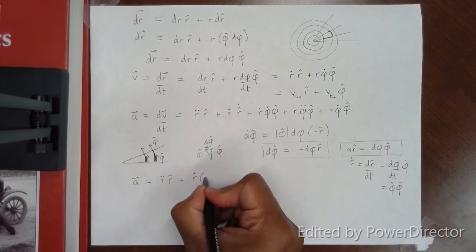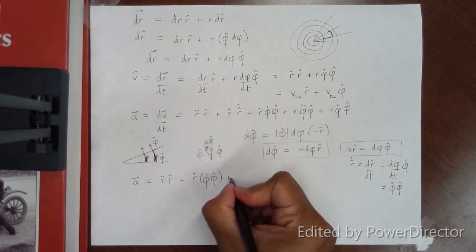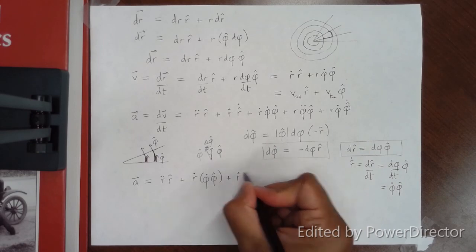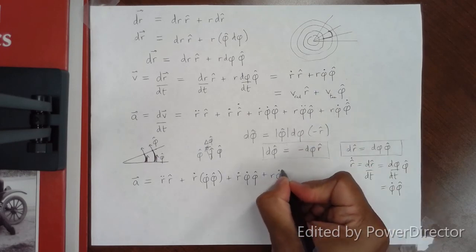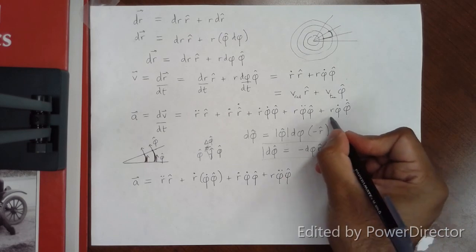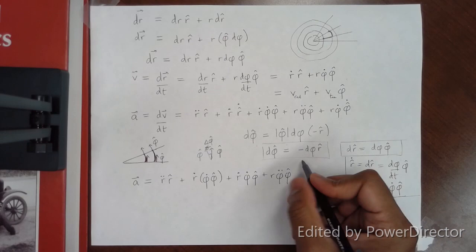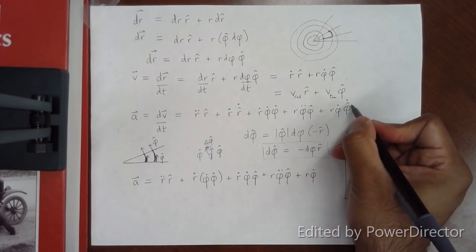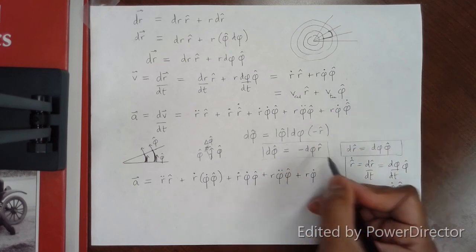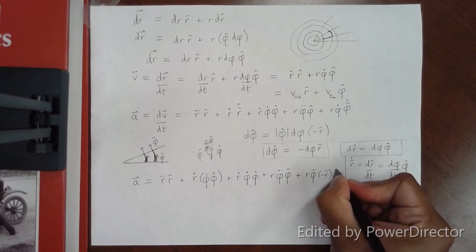So we plug that in, phi dot times phi hat. We have another term which is actually identical, so then here we pick up a phi double dot term, and finally we have the phi hat dot term. So we have r phi dot and then phi hat dot, which we can see from here will be minus r hat times phi dot.